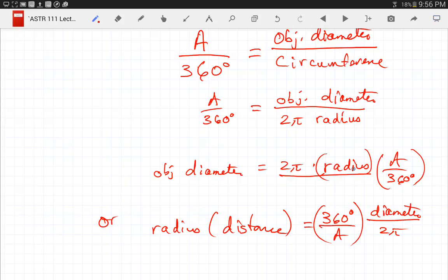I just solved that for radius: I divided by 2 pi, multiplied by 360, and divided by A. They knew how big the moon was. Aristarchus, for instance, had determined the size of the moon from his comparisons of the radii of the shadows during eclipses.